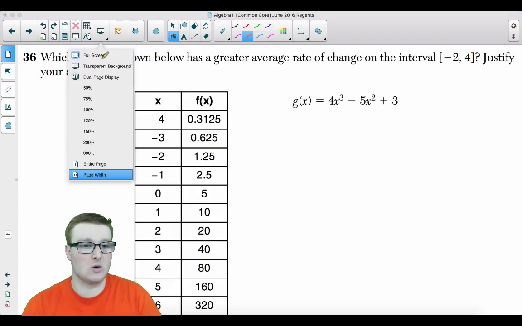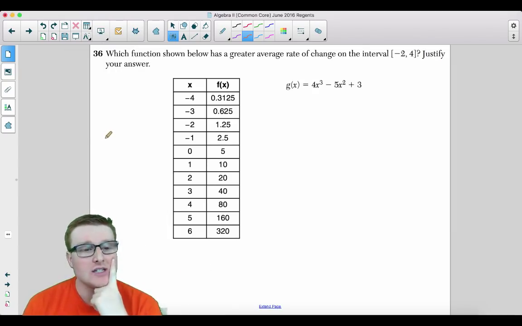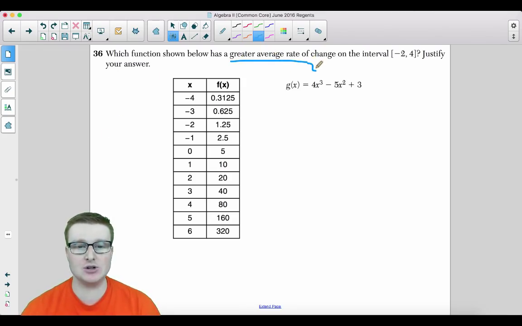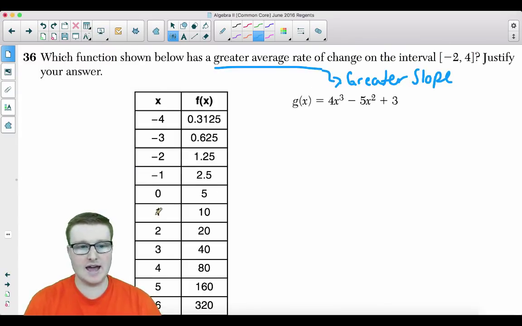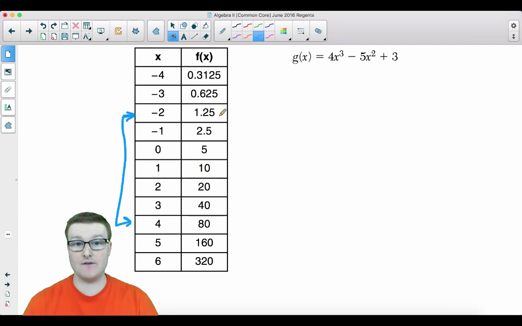Number 36. Basic Algebra 1 question, peoples. 36 says, which function shown below has a greater average rate of change on the interval from -2 to 4? Justify your answer. So greater average rate of change means which of the following has a greater slope? Okay? So we are looking at from -2 to 4. From -2 to 4 on the f of x, and the g of x, we got to actually evaluate those.